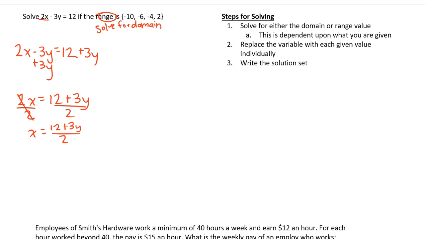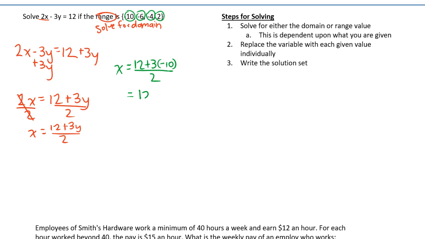It doesn't really matter. Okay, so now what we're going to do is plug in each of these values for our range in order to solve for our domain. So we say x equals 12 plus 3 times negative 10. Kind of covered up the negative there, but it's there.